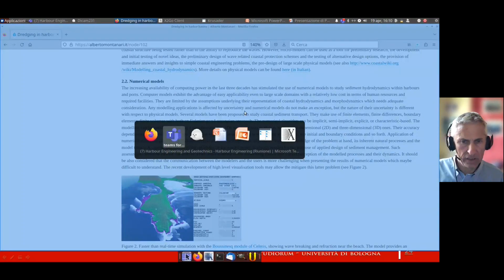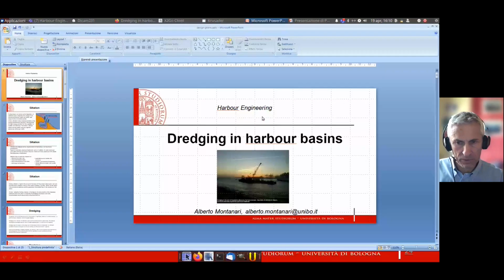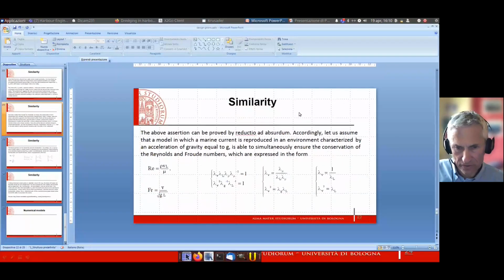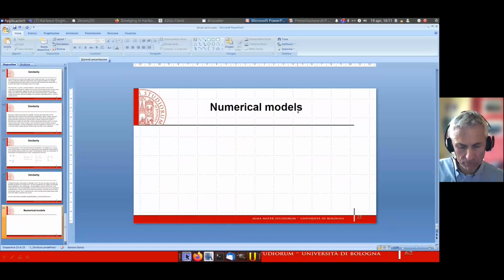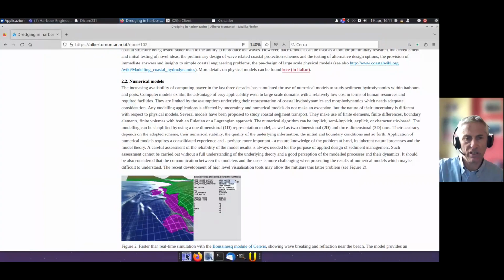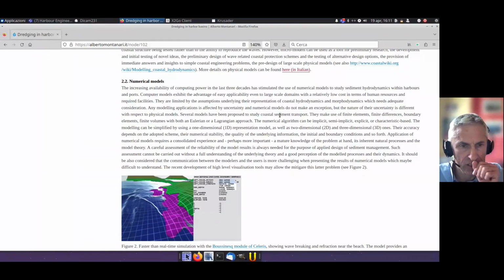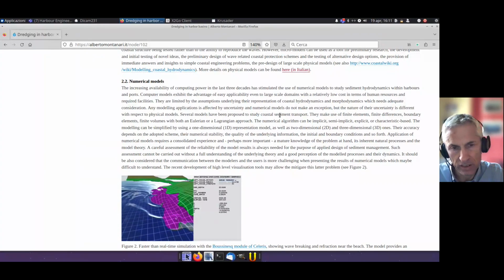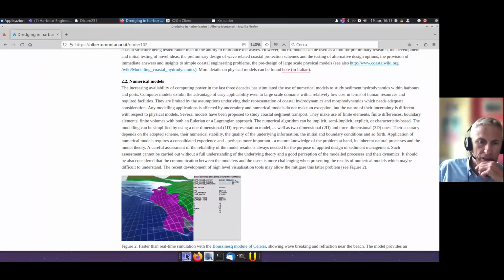I can close the PowerPoint now because I think we got to numerical models, and that's it. I will make this PowerPoint available on my website later on. Just keep in mind that for the numerical models which I am treating now, there is no PowerPoint.